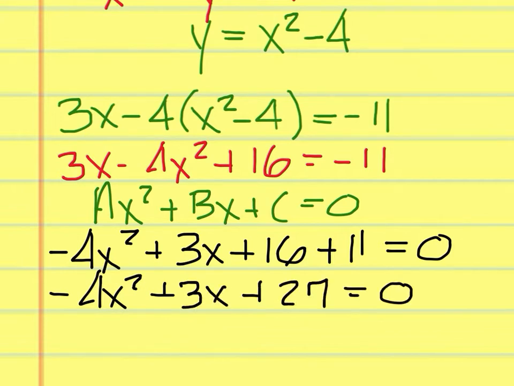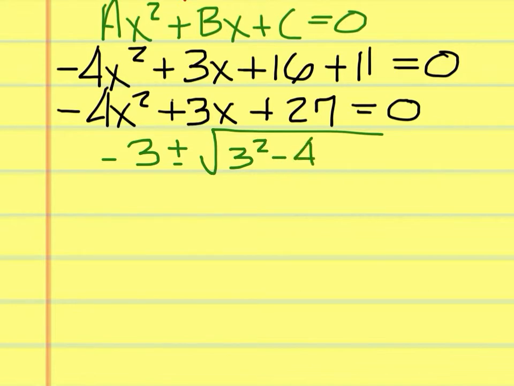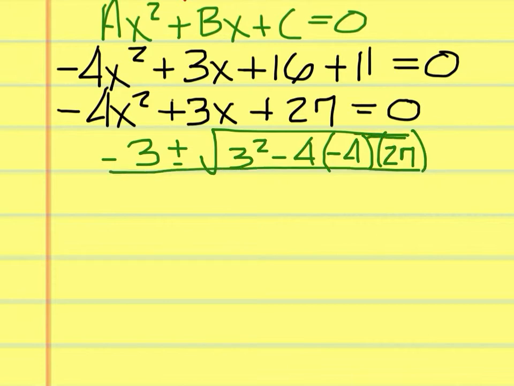We don't have a constant term in all of those except 1, so we're going to have to go straight to the quadratic formula. And that would be negative 3 plus or minus the square root of 3 squared minus 4 times negative 4 times 27. All of that's going to be over 2 times negative 4.